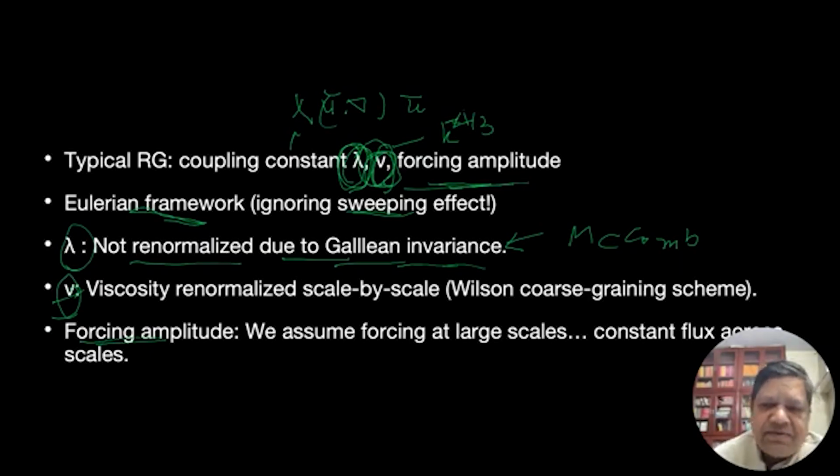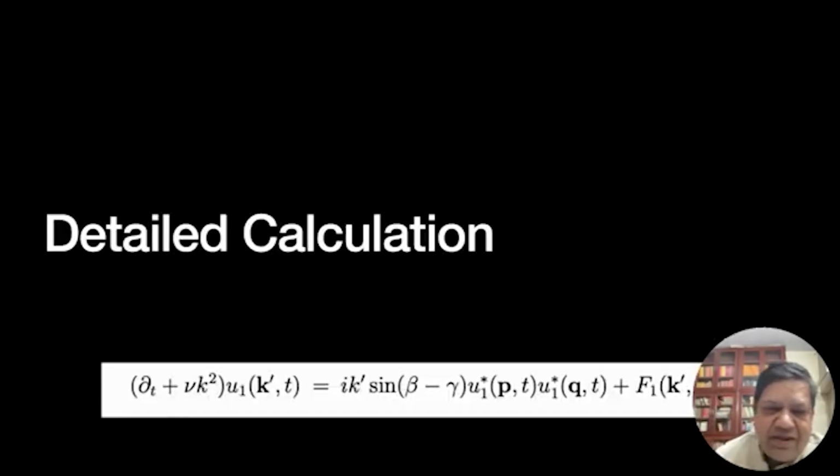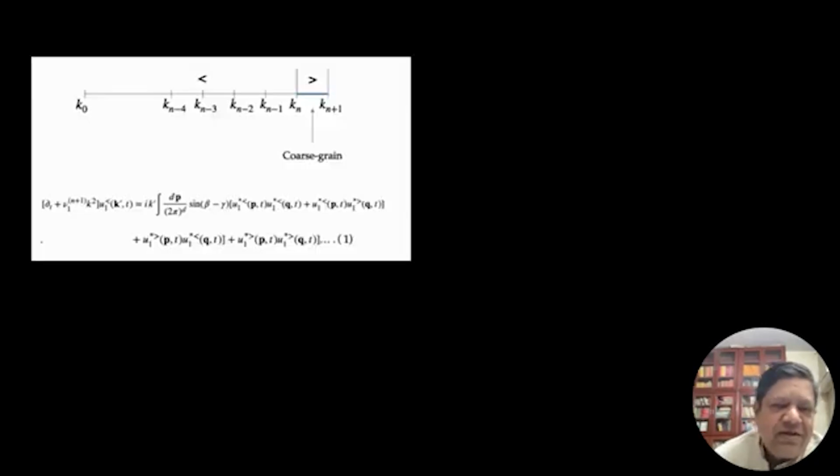And we will try a simpler scheme, which is called the self-consistent procedure. We will try to see whether the nu k to the minus 4/3 form is a solution for the RG equation, going from nu n plus 1 to nu n. So, detailed calculation. Our starting point is this equation, but with a minor modification that this is nu 1. This is the viscosity corresponding to u1.